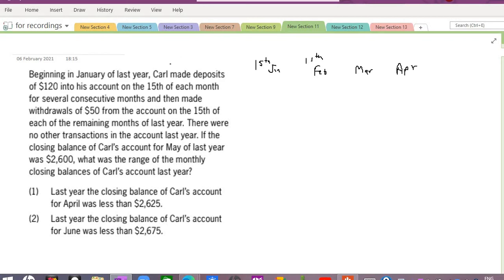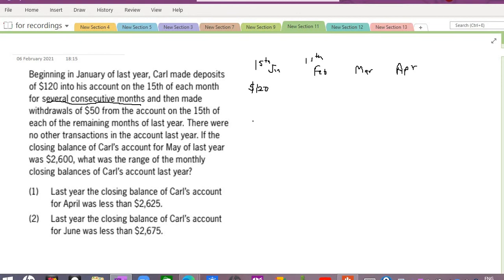So what he does is make a deposit of $120 on the 15th of every month for several consecutive months. We don't know up to what month he makes those deposits.